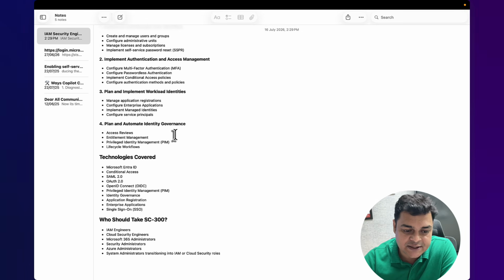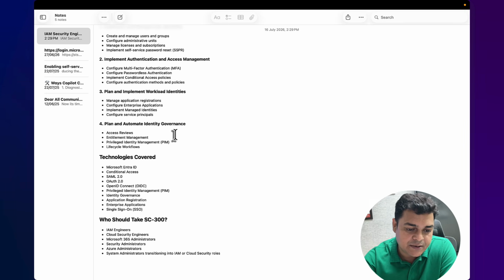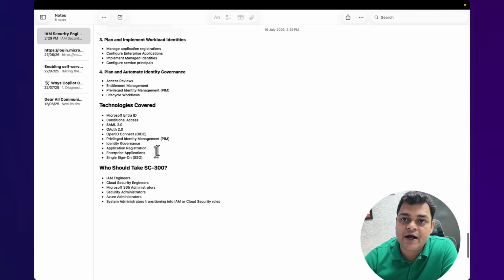Then plan and implement workload identities, where we are going to discuss managing application registration, how we can register a third-party application with the Microsoft Entra Admin Center, configuring enterprise applications, implementing managed identity and service principal, and planning and automating identity governance. We'll talk about the technologies: Microsoft Entra ID, complete information about Microsoft Entra ID.